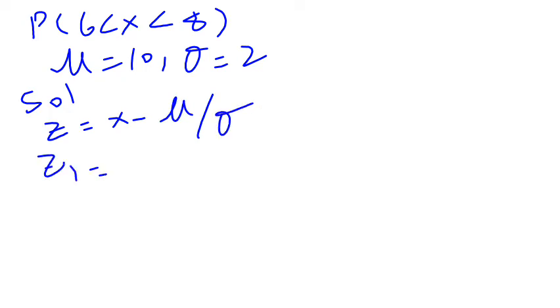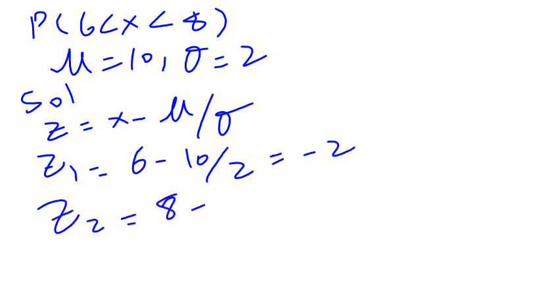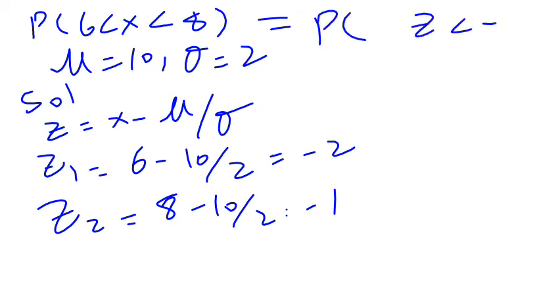For z1, x1 is 6: 6 minus 10 divided by 2, which is minus 2. For z2, 8 minus 10 divided by 2, which is minus 1. So it becomes z less than minus 1.00 and greater than minus 2.00.